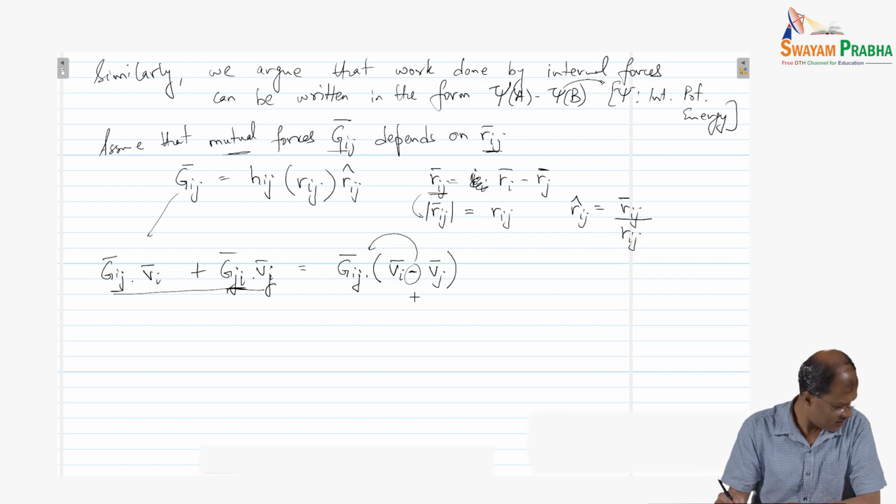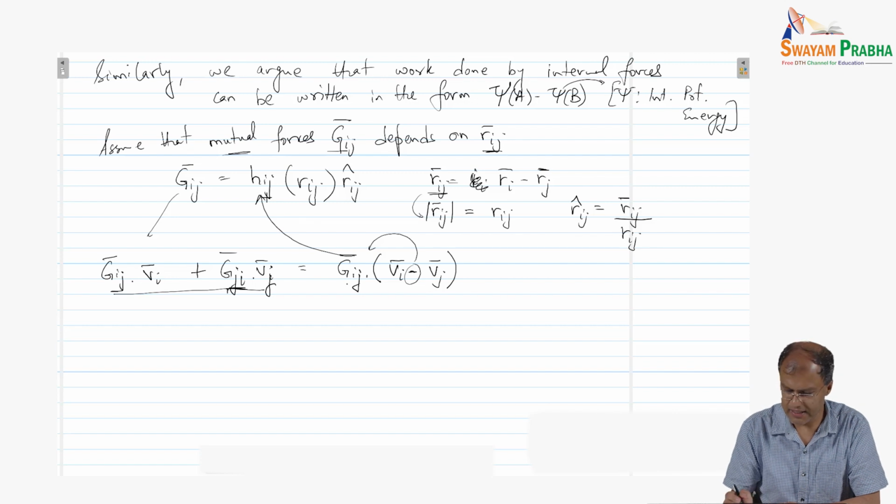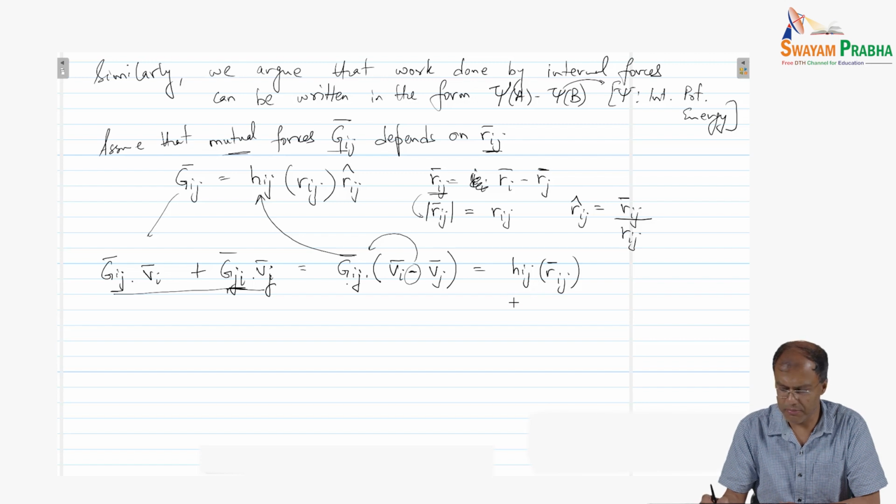And then what we have is that, remember, Gij is this quantity Hij, which is a function of the mutual position, the interplanetary displacement for example, and we have the direction Rij hat, so that is my Gij.